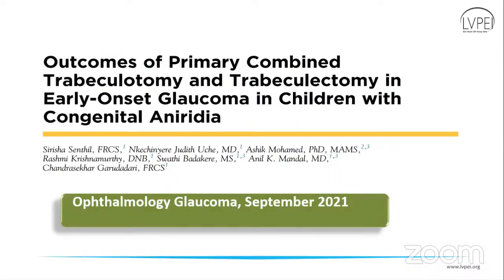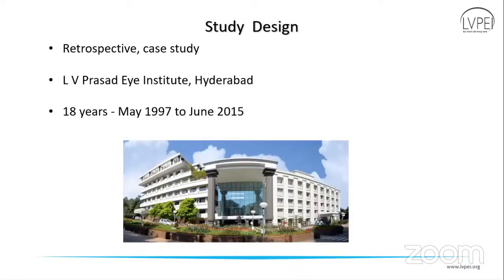We published recently a paper where 18 years of collection of patients of early onset glaucoma who underwent combined trabeculotomy, trabeculectomy. By early onset, we mean patients who were operated within 3 years of age.